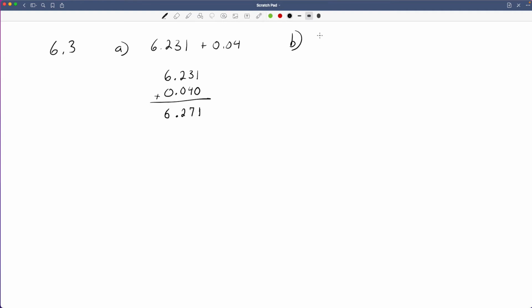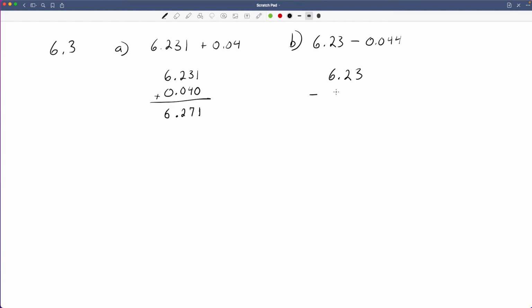B is 6 and 23 hundredths minus 44 ten thousandths. So we're going to do the same thing we did before. We're going to stack it right on top of each other, lining up our decimal places as we do.